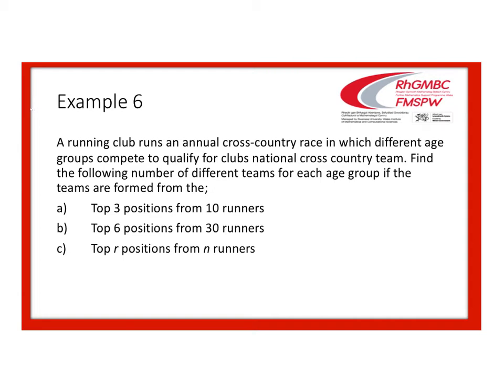When we're picking a team of runners, we're just looking at the people who finish in the top 3, or the top 6. So we don't really care the order in which they come in, just want to know how many different groups of 3 or groups of 6 will come from that number of runners. So think about what we've done all through this video so far, and then have a go at the question. Pause the video, and then when you're ready, press play to see the solutions.